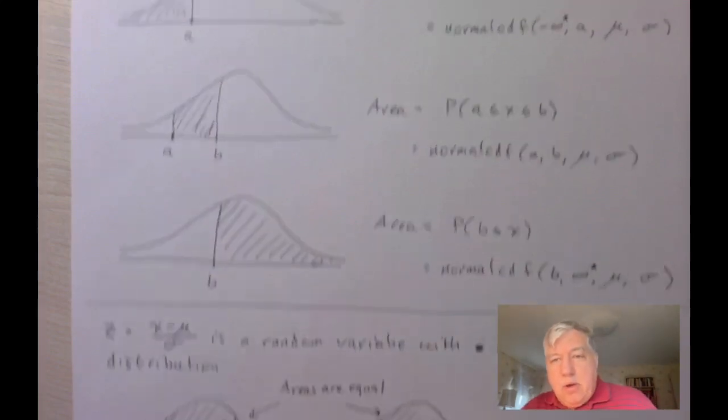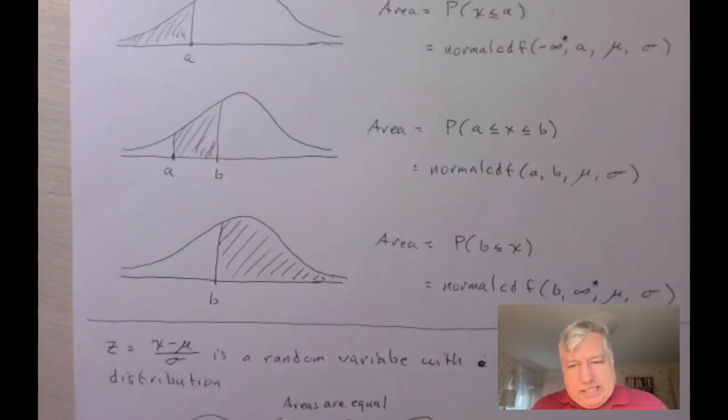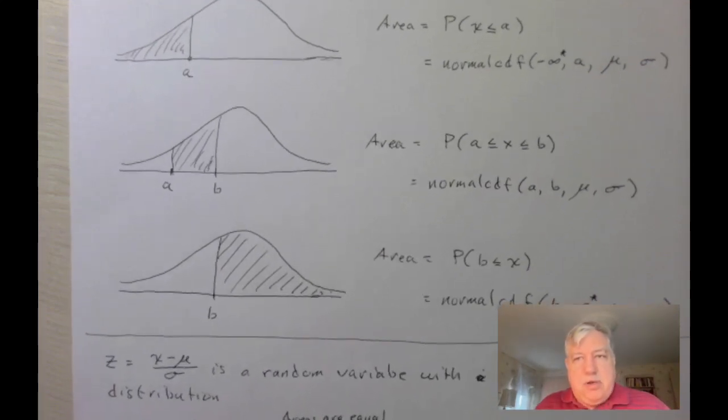Now, about these infinities. If you have a real advanced version of your calculator, you might be able to enter infinity. But if you don't, like I don't, just replace it with a sufficiently large number. You have to make sure it's sufficiently large.